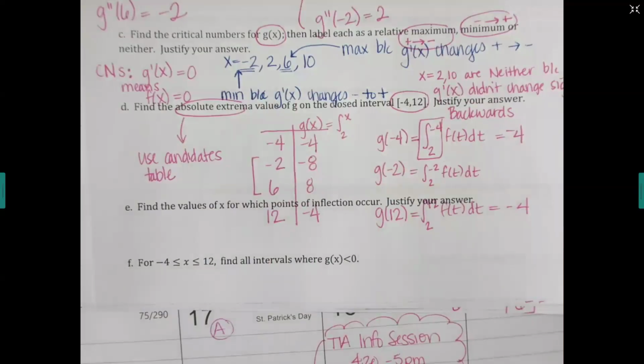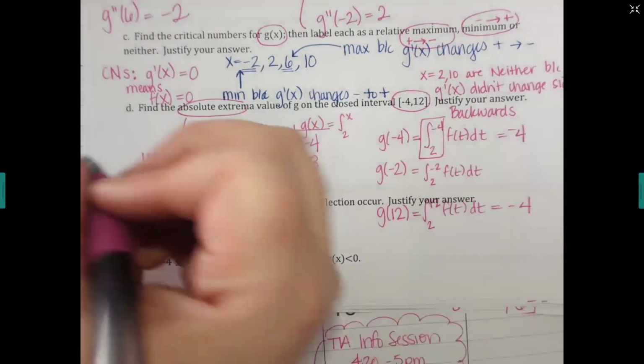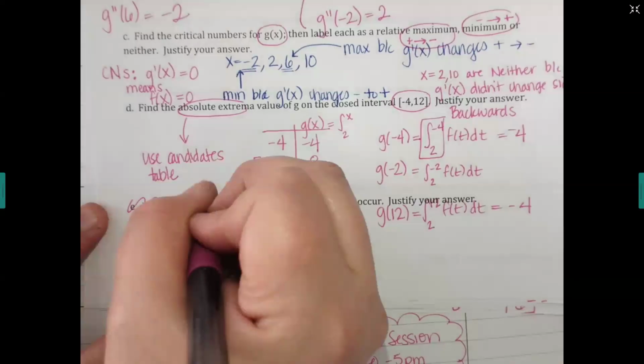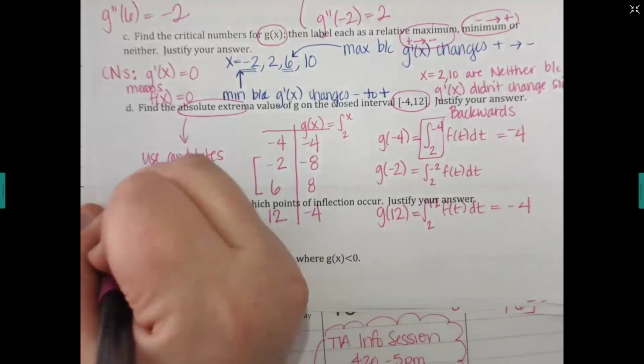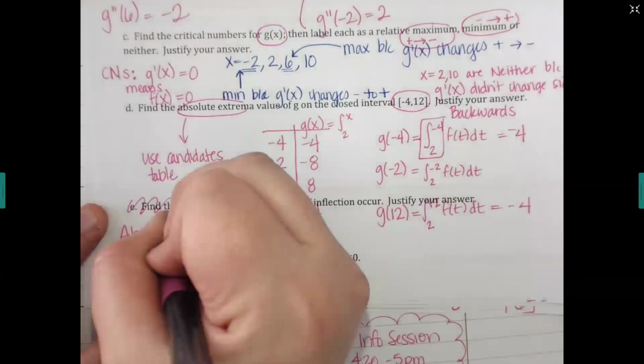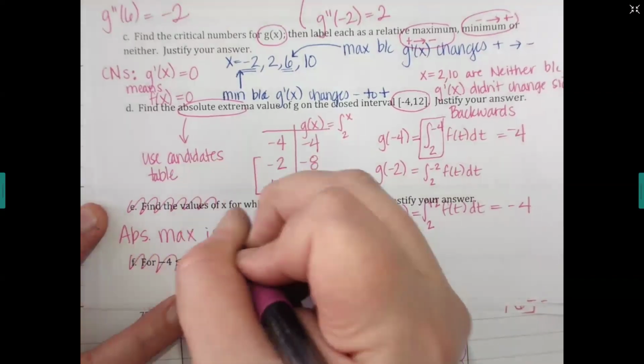Then looking at your chart, what is the biggest y value that you see? So the max is 8. It happens at 6. And then what's the absolute min? -8. It happens at -2. So we'll say the absolute max is 8.